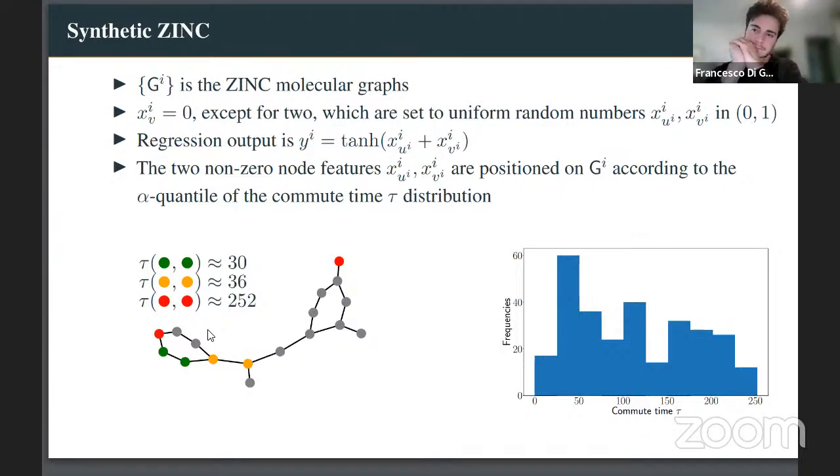Then you have the commute time as a measure of how well the graph is able to deal with the need to gather non-local information. And if you take that together, well, what does that give you?